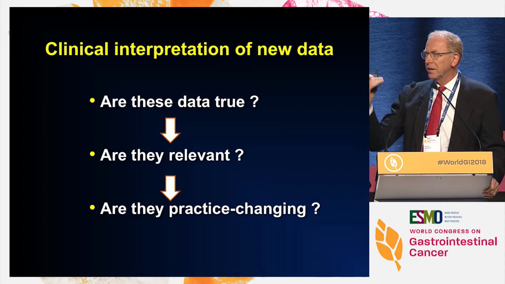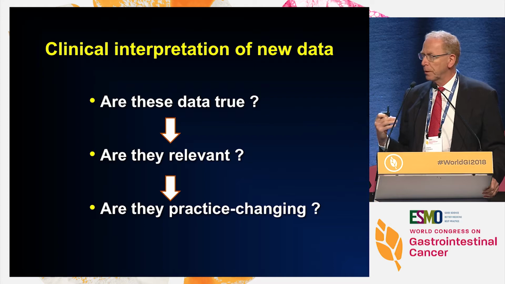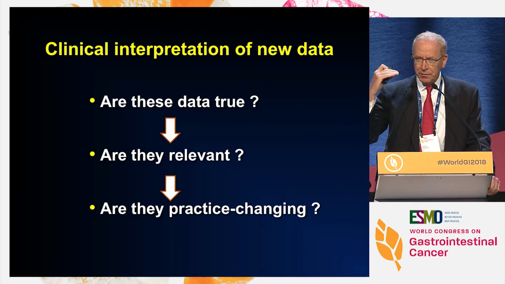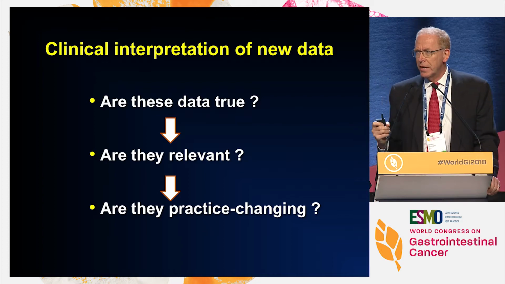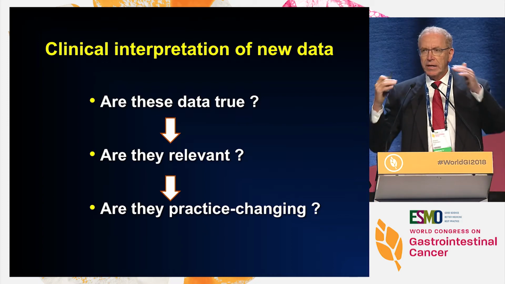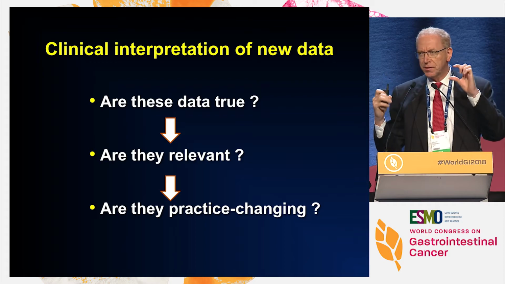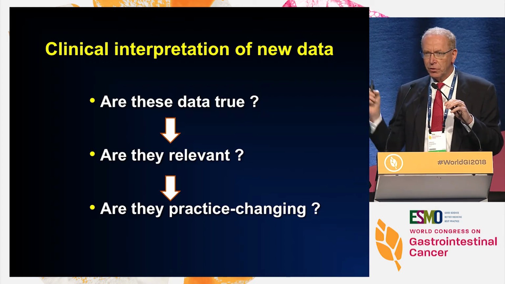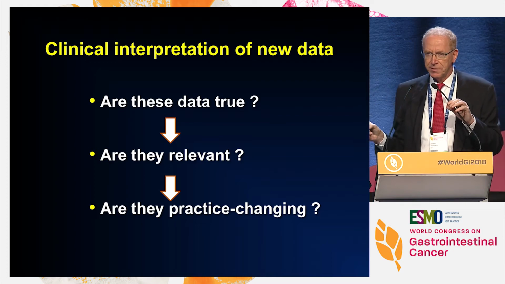And the third is, are they true and relevant enough to change my practice? Now, each of these 3 sequential questions can be articulated in another series of parameters that need to be satisfied in order to say yes, yes, and yes.